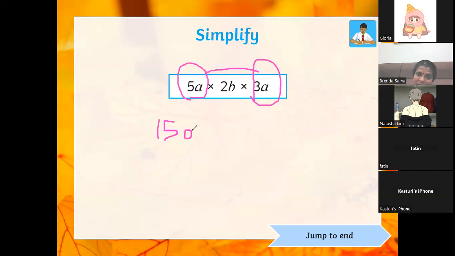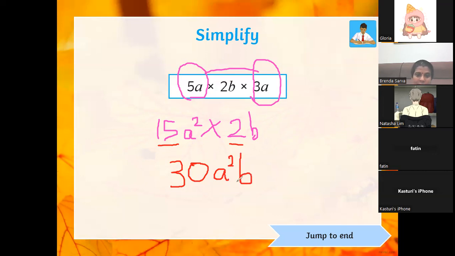And don't forget, a times a is going to give me a squared. And then I'm going to times again. Of course, I haven't forgotten my 2b. So now 15 will times with 2. That will give me 30. A is still going to be there as a squared, and b is going to be sitting alone. So this is your answer.